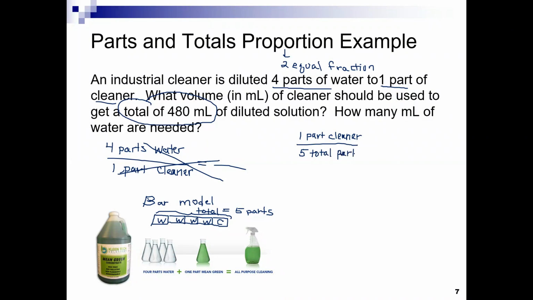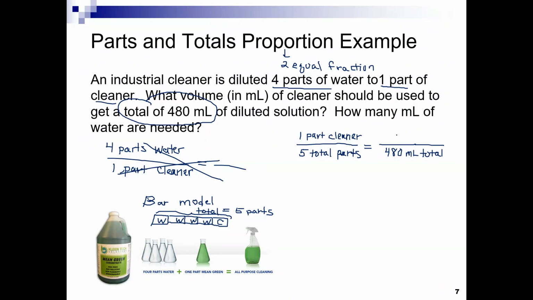And then going with the idea of creating a proportion, I put my equal sign. I put my other fraction bar because proportions are equal fractions. And now I have a corresponding concept. I know that there are 480 milliliters total. And so I'm putting that on the bottom of my fraction because that's where the other total is in my first fraction. And to have equal fractions, I have to have equal concepts.